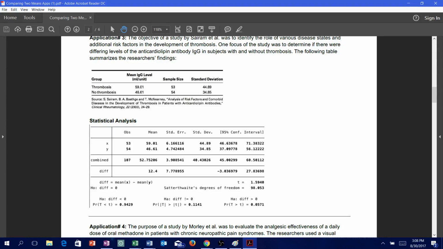Almost messed up on the p-value. Okay, that's correct. So do we say just fail to reject the null? Yeah. So there's no difference between the two means.